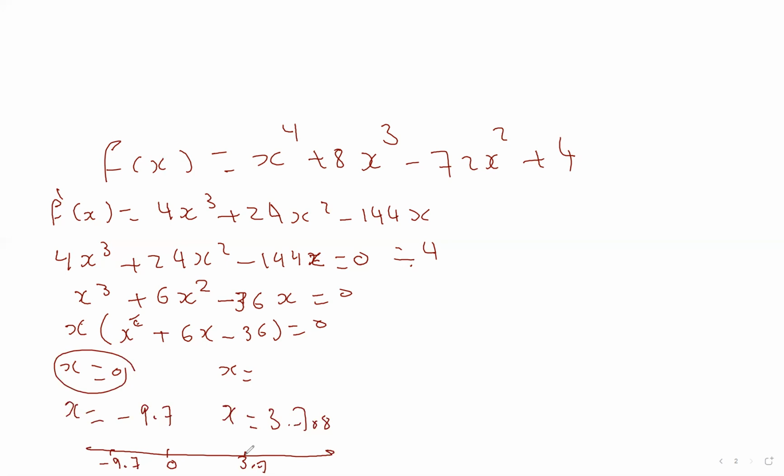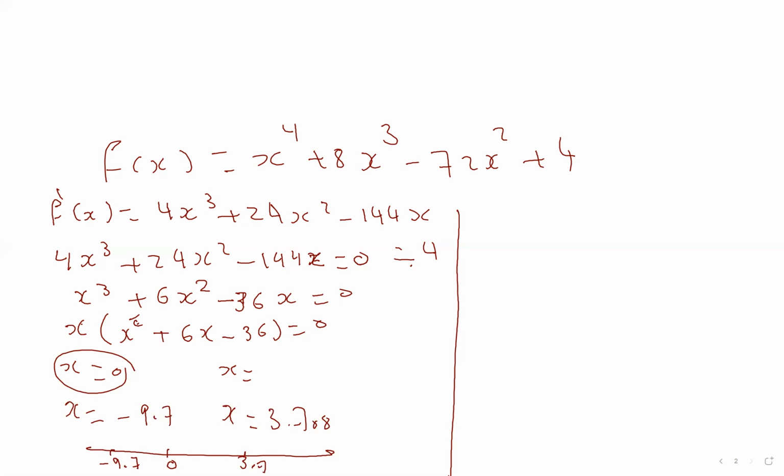And you already took this in the previous example, and you can check these numbers by using a number less than negative 9.7 and one number more, and one number before 0 and after, and one number before 3.7 and after, okay, to find the critical numbers and critical points and local minimum and local maximum. So to find this one, revise the previous example.